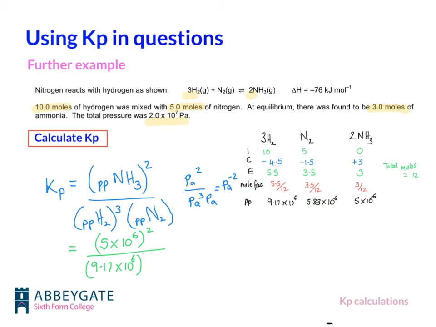And we're going to times that by 5.83 times 10 to the 6. I plug all that into my calculator. I'm going to come out at an answer of 5.56, and that's going to be times 10 to the -15. And we've already worked out our units are pascals to the -2.